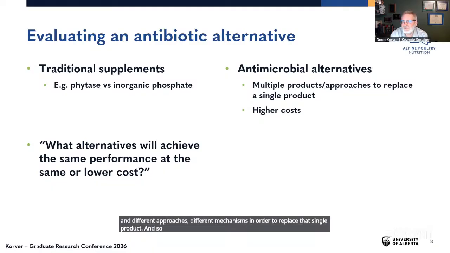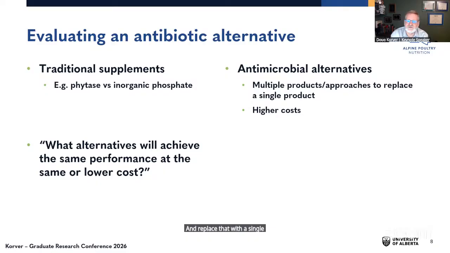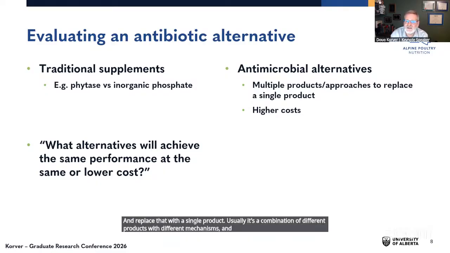If you look at the experience globally, it's not possible to take antibiotics out of the feed and replace that with a single product. Usually it's a combination of different products with different mechanisms. And of course, that means there are going to be higher costs.